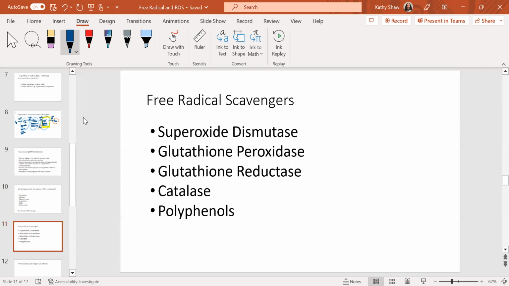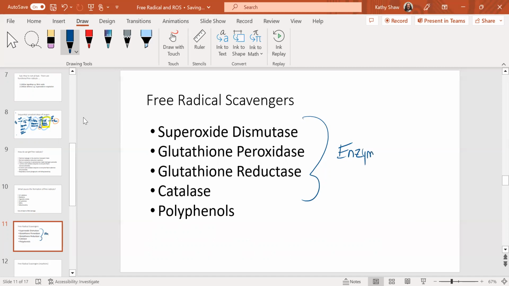Okay, so let's now talk about the scavengers that scrounge up these free radicals and get rid of them. There are some important enzymes and important molecules in this. This is the list; the first 4 are the enzymes that we're going to talk about.